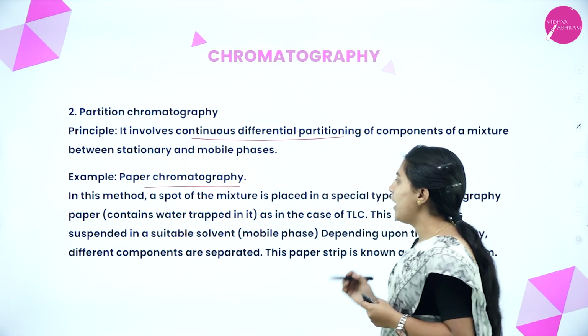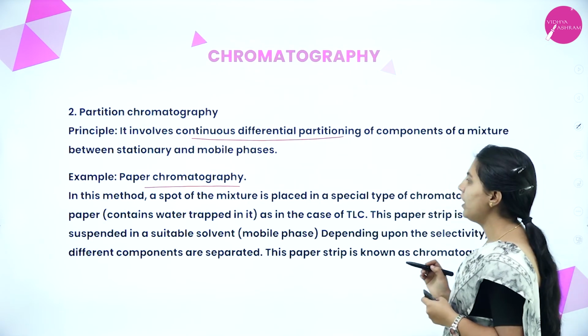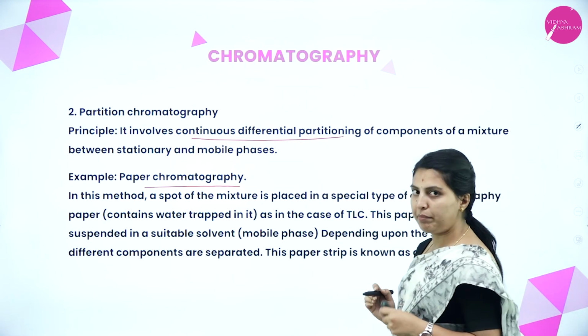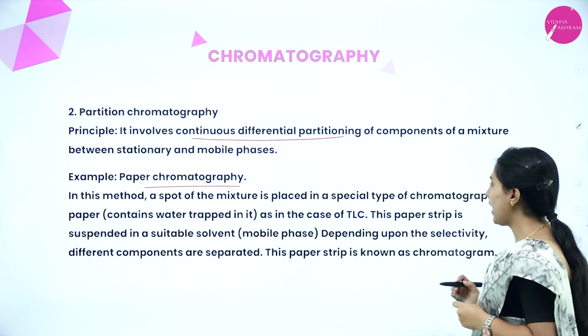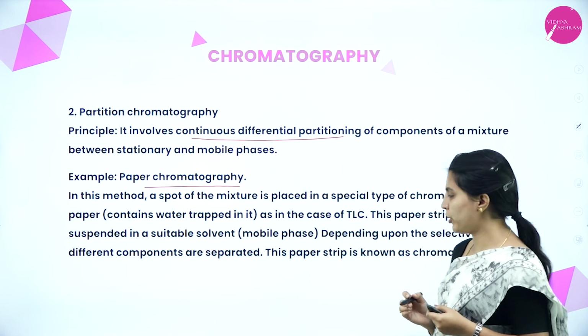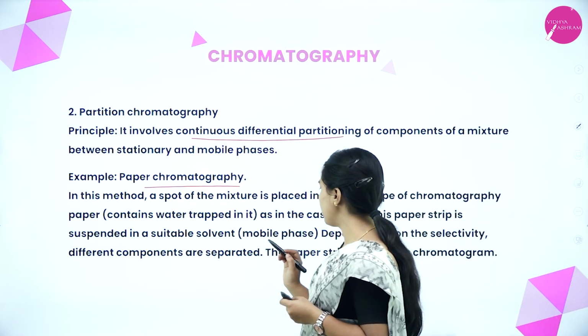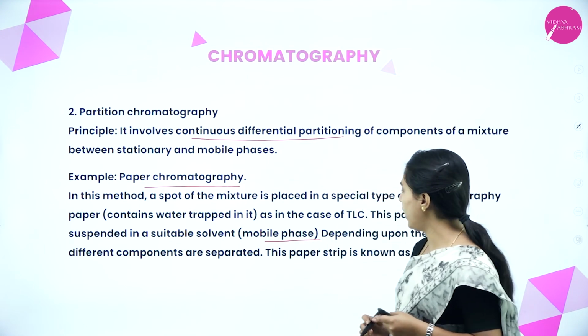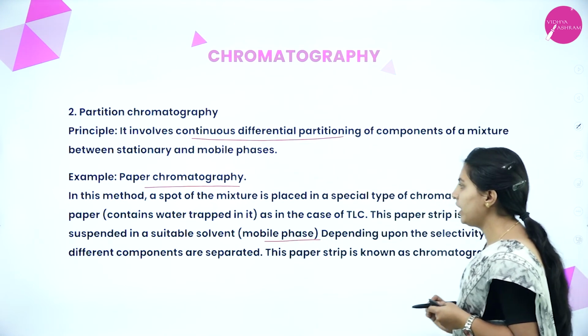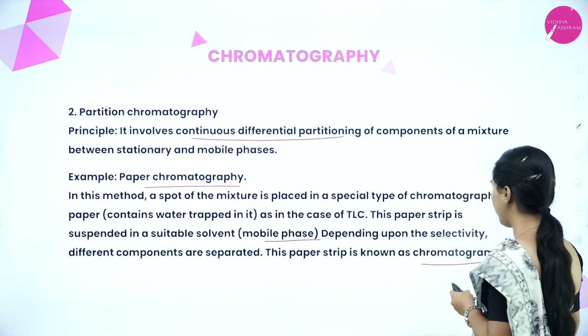In this method, a spot of the mixture is placed on a special type of chromatography paper. The paper contains water trapped in it, as in the case of TLC. This paper strip is suspended in a suitable solvent, which is the mobile phase. Depending upon the selectivity, the different components are separated. This paper strip is known as a chromatogram.